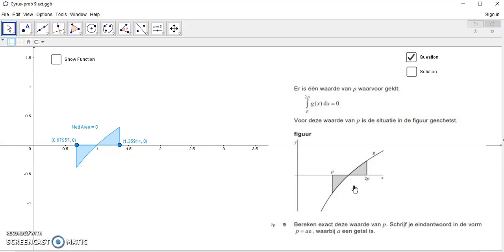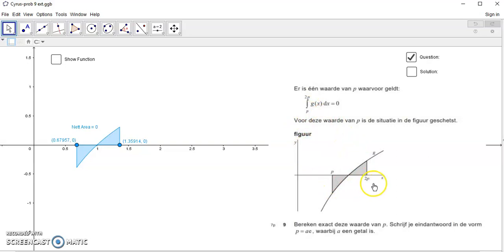The Dutch have a way of reversing their sentences. It's the same in Afrikaans. Okay, so they give you this little figure here, which tells you that the function that you're integrating is g, and you're integrating from p to 2p.